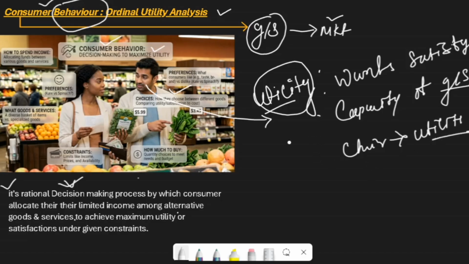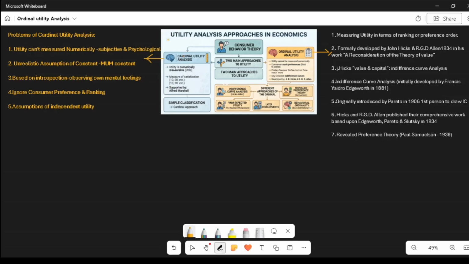So while we're talking about utility, how can we measure utility? We can measure utility through different approaches. So let's talk about the utility analysis approaches in economics. Before we discuss ordinal utility, let us take a glimpse of cardinal utility.